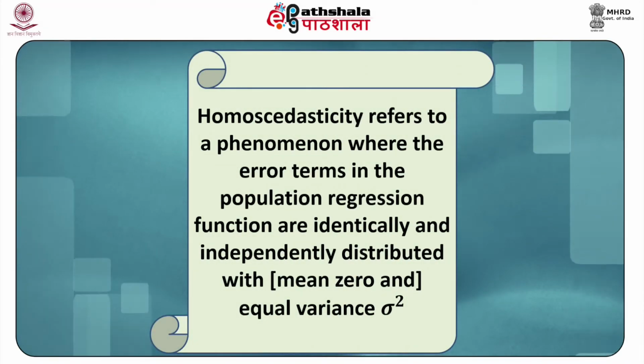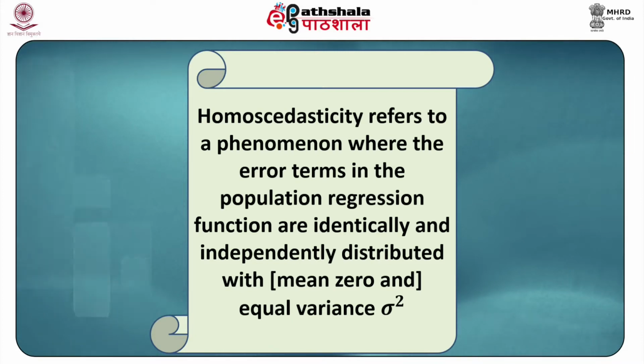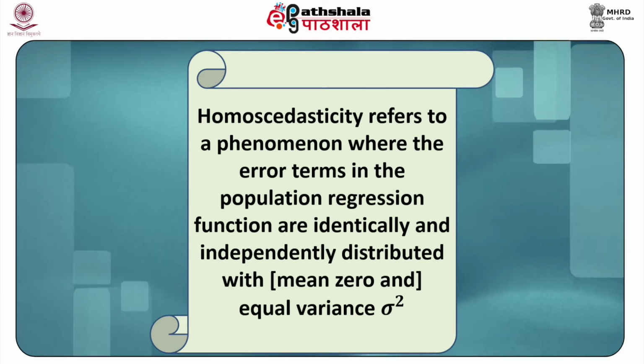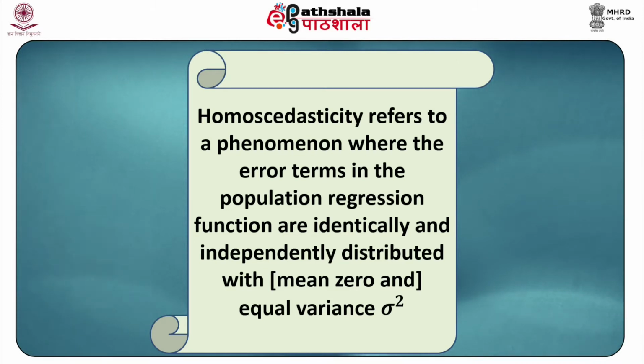Homoscedasticity refers to a phenomenon where the error terms in the population regression function are identically and independently distributed with mean 0 and equal variance sigma square.